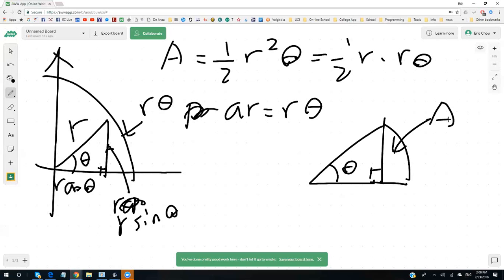And the triangle area? Base times height over 2. Yeah, so it's 1/2 r squared sine theta times cosine theta, for the triangle, right?